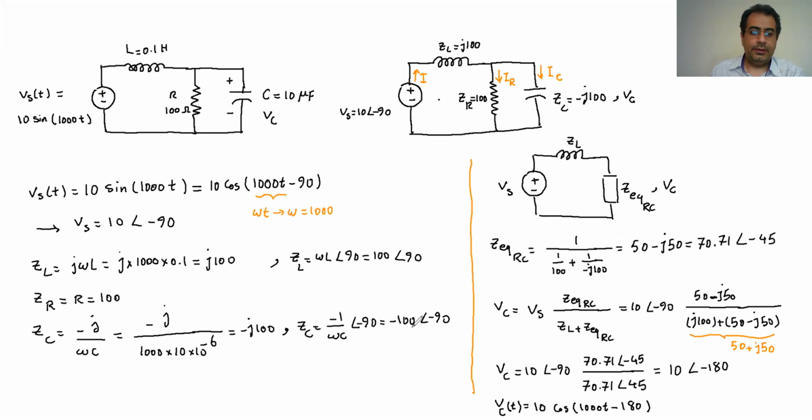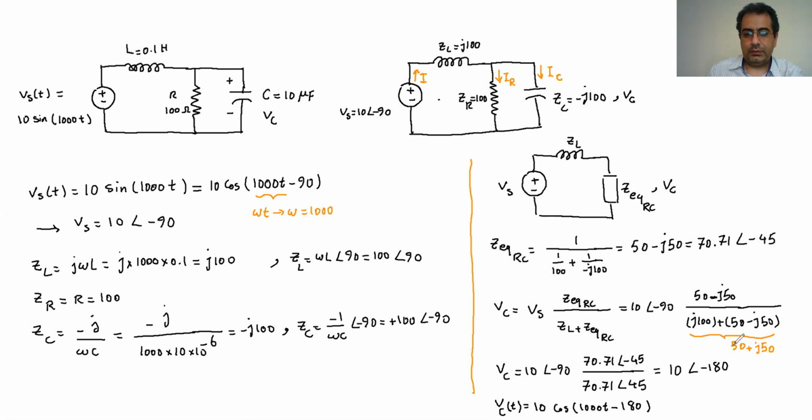It's easier to use the polar format, which is going to be, sorry, 100, not negative. Yes, it's going to be 100 negative 90.